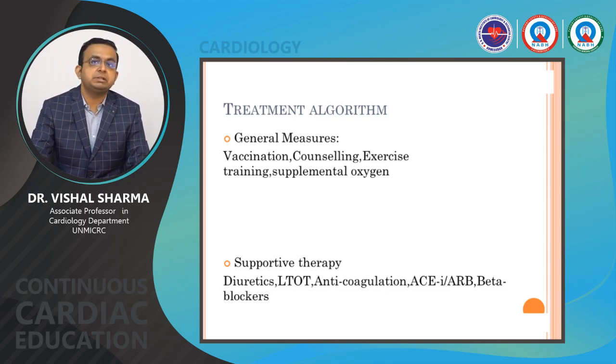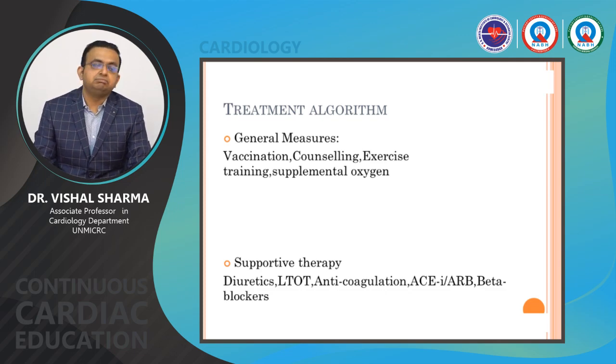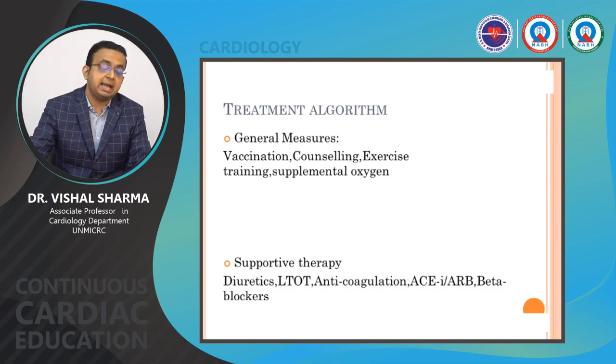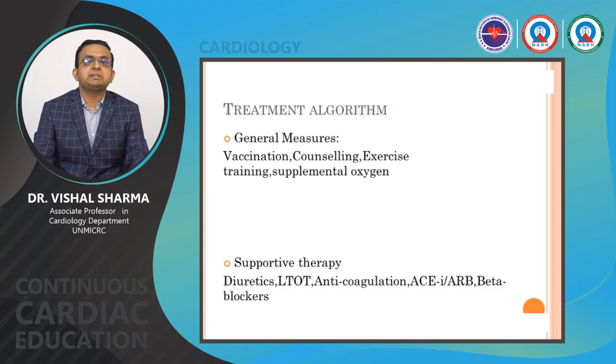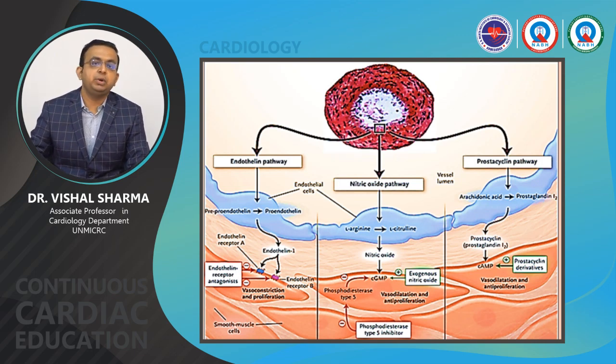Proper exercise training is required, and supplemental oxygen as needed. Supportive therapy includes the use of diuretics, long-term oxygen therapy, anticoagulation, ACE inhibitors, ARBs, and beta blockers. These supportive therapies and general measures play as important a role as the specific therapy in patients with pulmonary arterial hypertension.